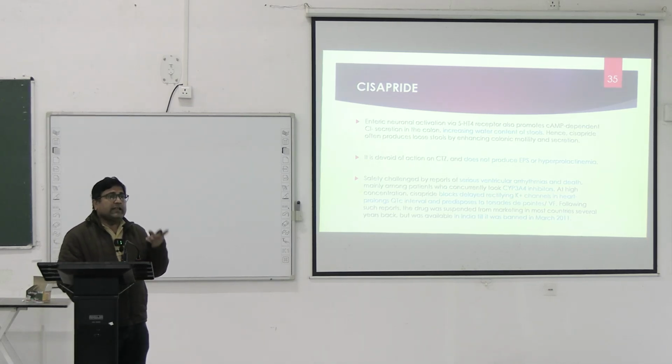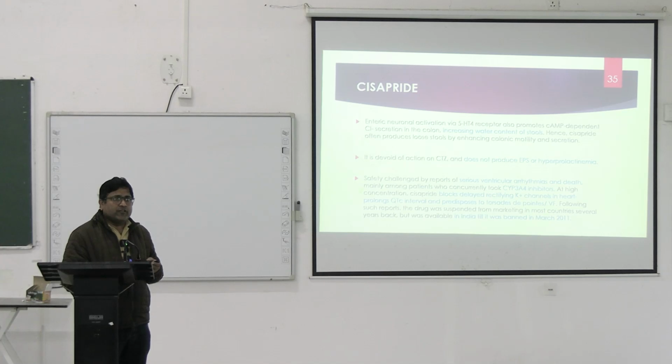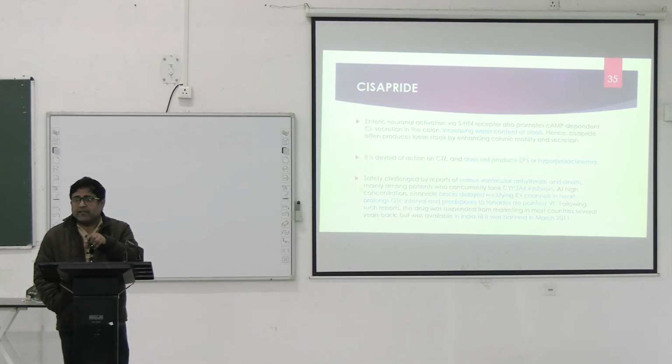We know in phase 3 of the cardiac action potential, the delayed rectifier potassium channel opens up. Now they are blocking these potassium channels, so what happens? There is prolonged QTc interval, and that is responsible for fatal ventricular arrhythmia called torsades de pointes.